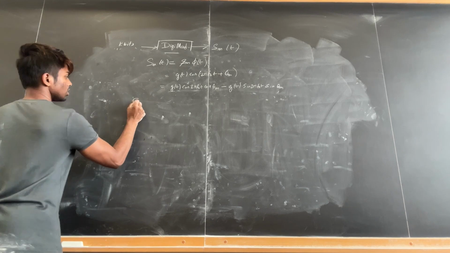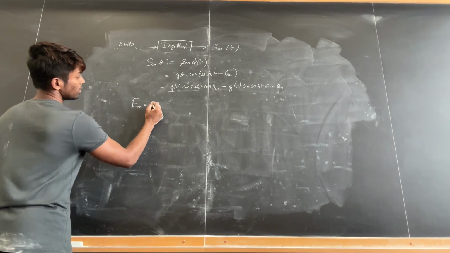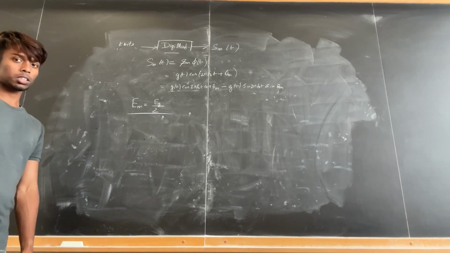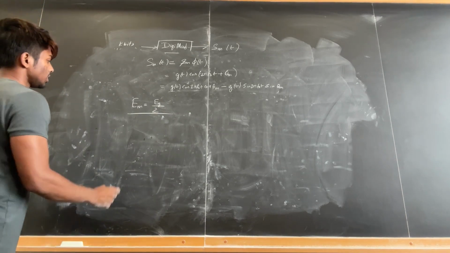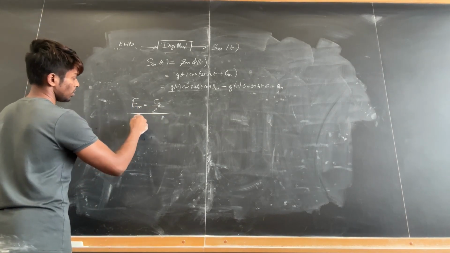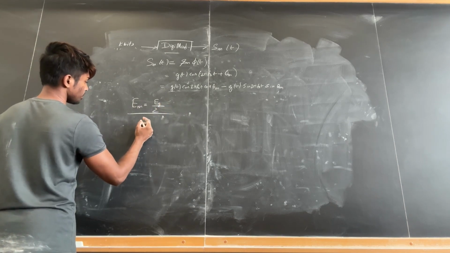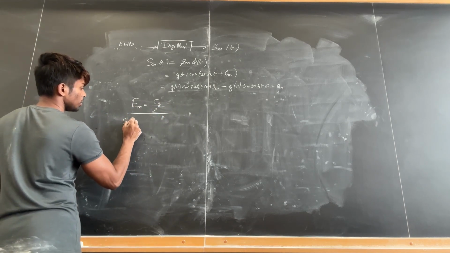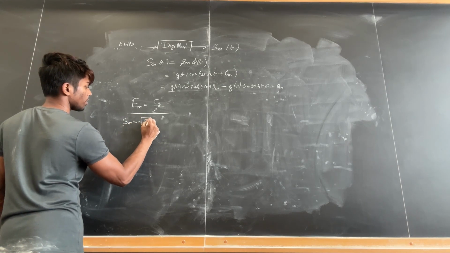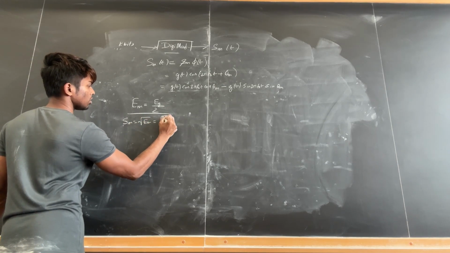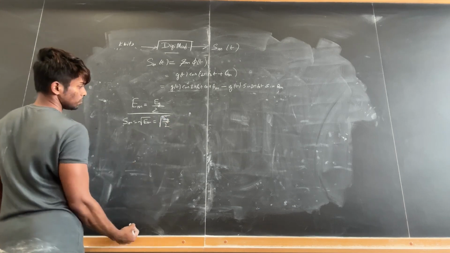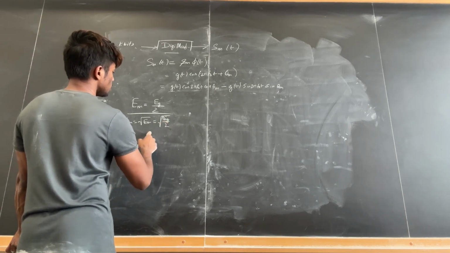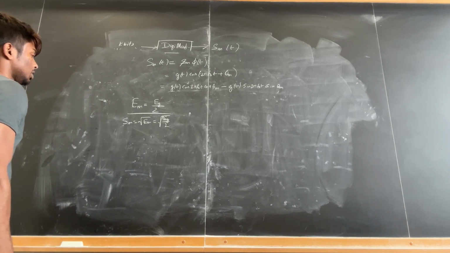The energy of the signal E_n is equal to just E_g by 2. It is the same energy for all the signals, the same average energy. So it's the same all over, homogeneous. So the amplitude S_m shall be given by the square root of E_n, that shall be the square root of E_g by 2. Is it? No. So we have to introduce the square root of E_g by 2 in this definition.